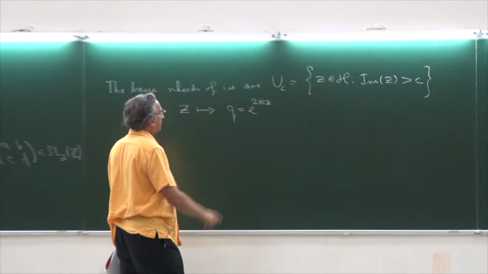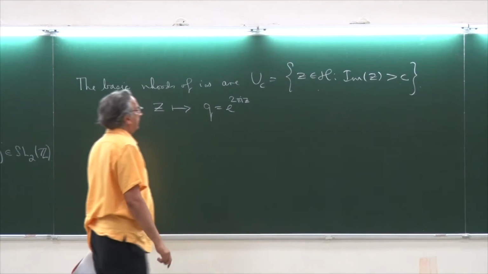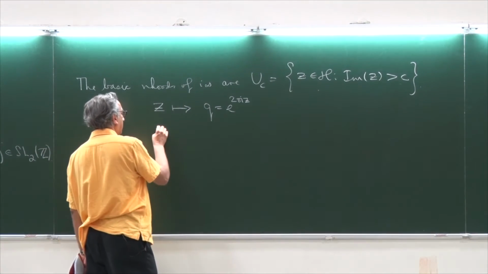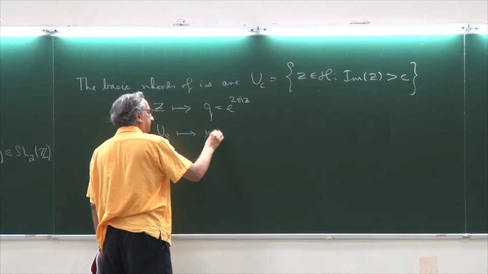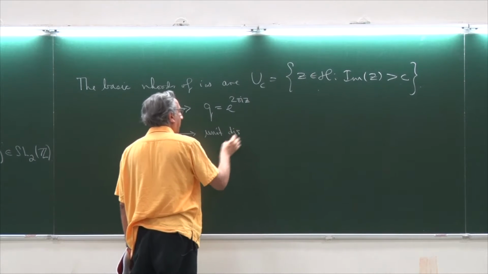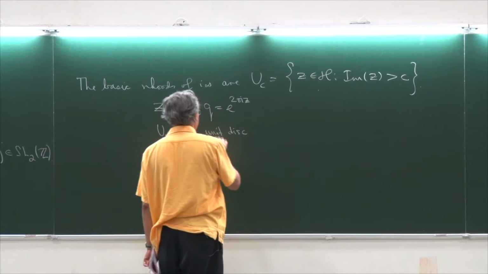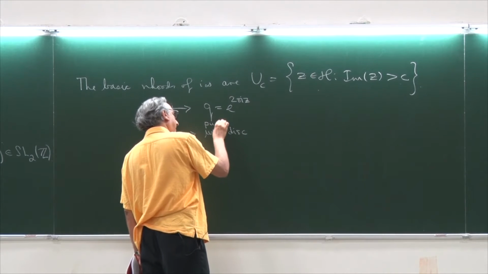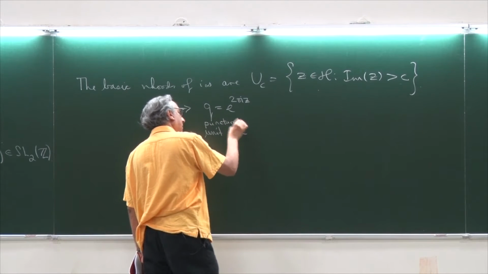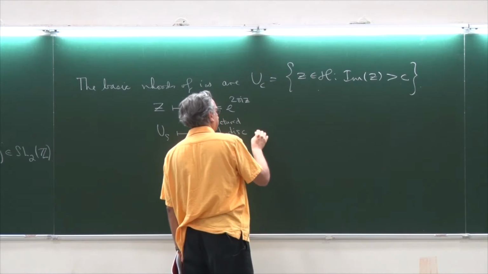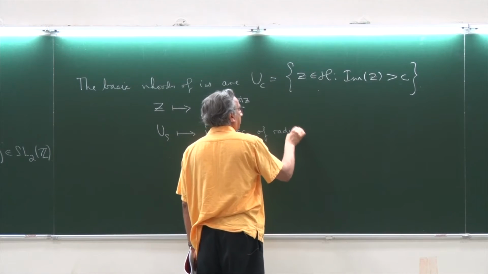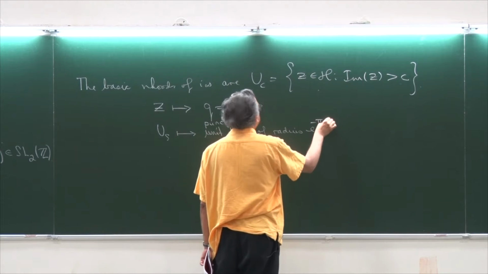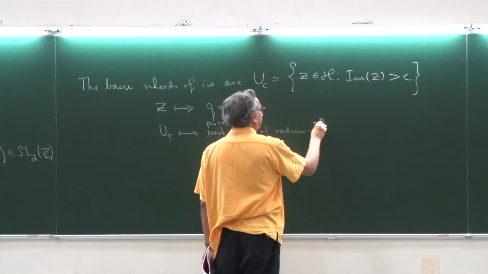You can see that this sends U_c to the punctured unit disk of radius e to the minus 2 pi c.